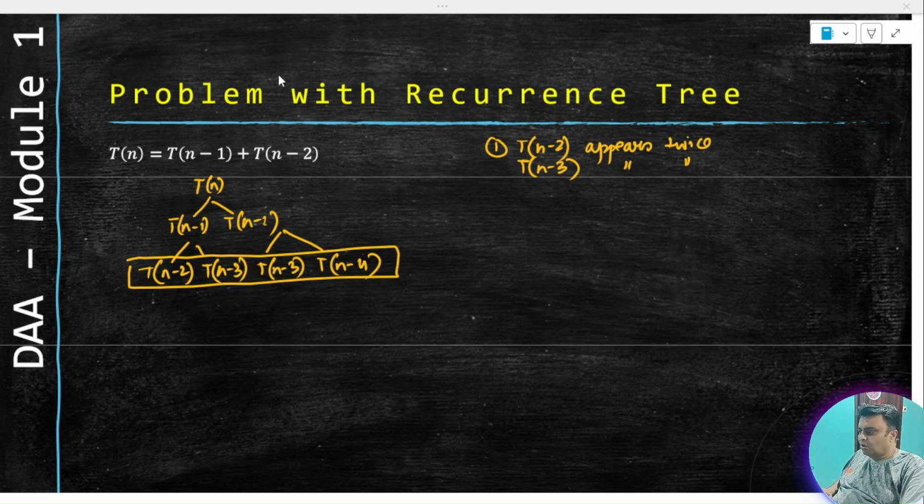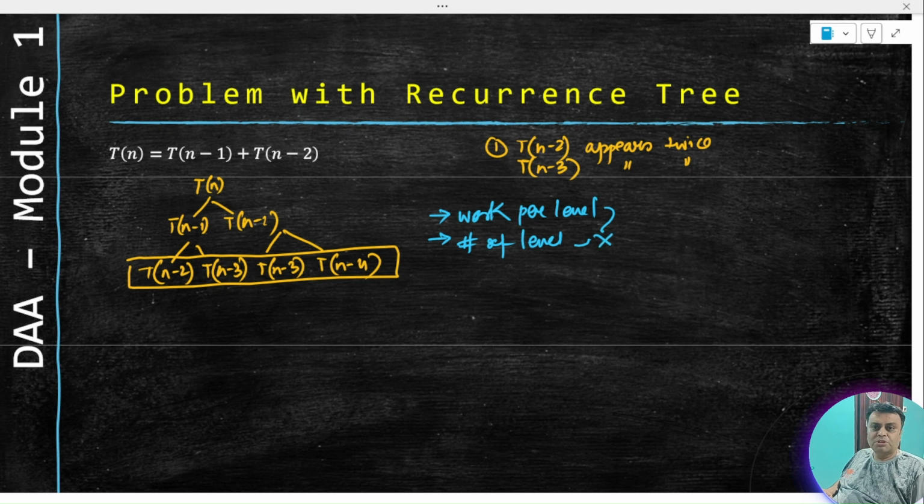So let's see what we want in a recurrence relation. We want a recurrence relation to satisfy these three fundas. One, I should be able to calculate the work per level. Every level there will be work done, and then I should know my number of levels, so that I can multiply them together, right?